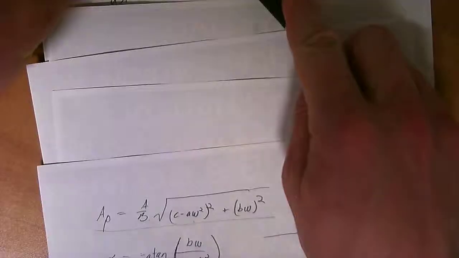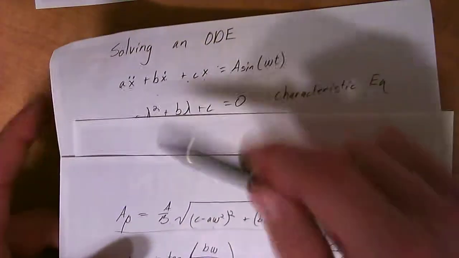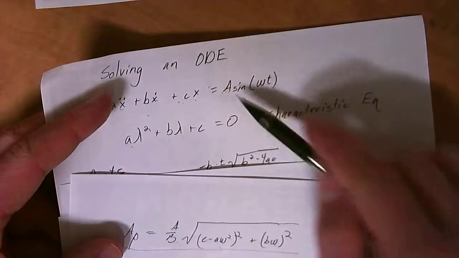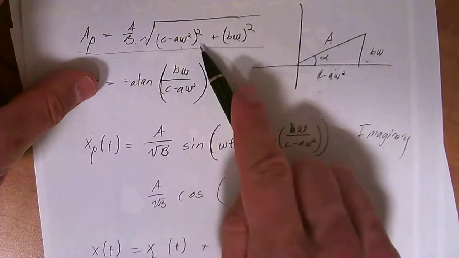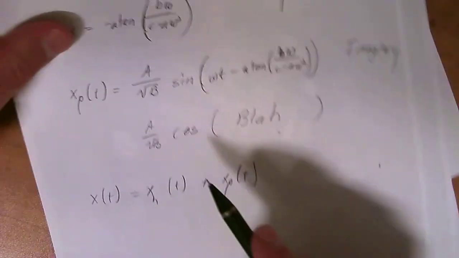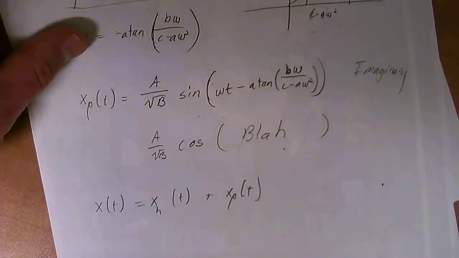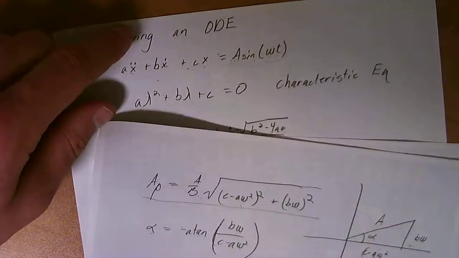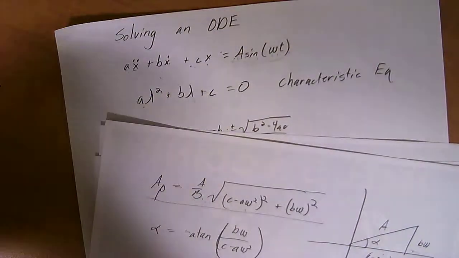So since it was sine, you're like, this is the imaginary part. I can pluck out A, B, C, big A, omega, plug them into this equation, or this equation, or this equation based on if it's sine or cosine, and you've got your particular solution. So that's how a vibrational ODE is solved.